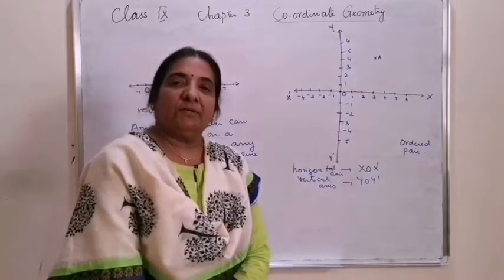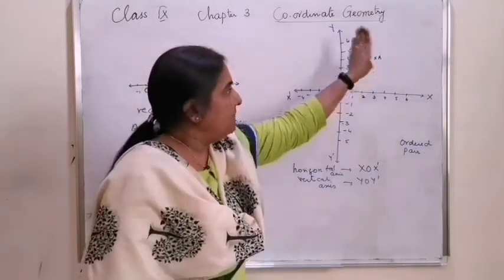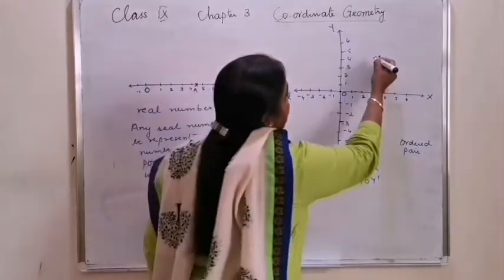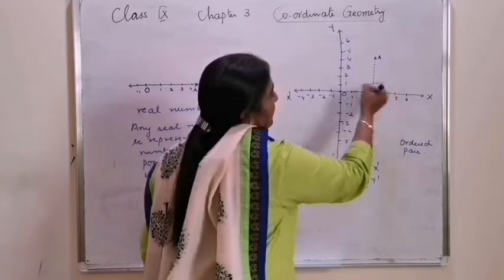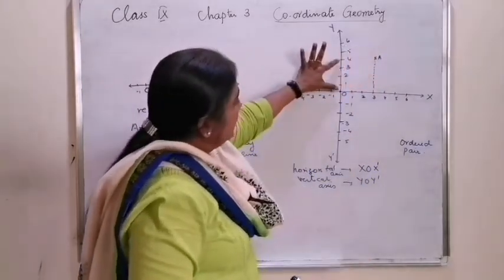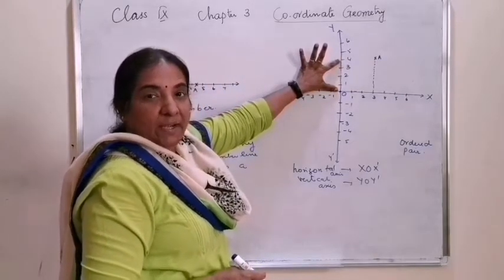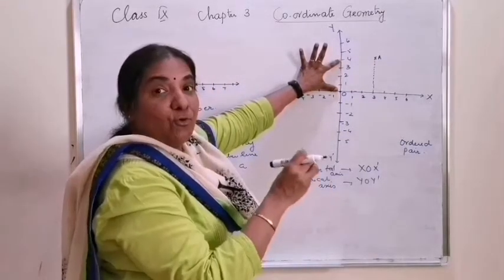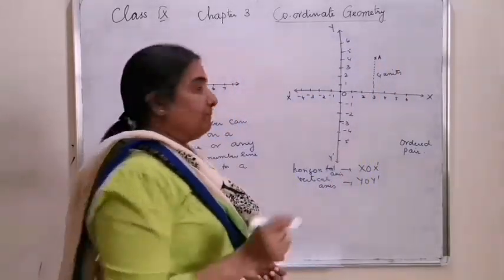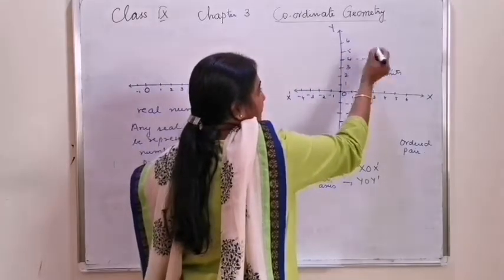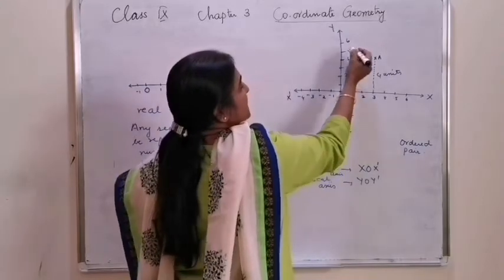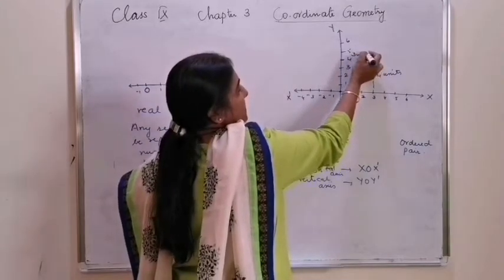If you want to fix a position for any point in the plane now, the perpendicular distance of A from the x-axis, you can see on the y-axis, is 4 units, and the perpendicular distance, this length, is 3 units, as you see.